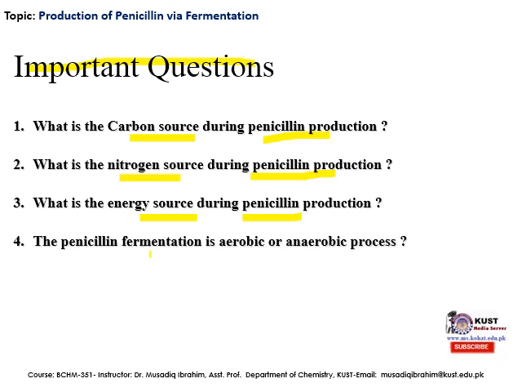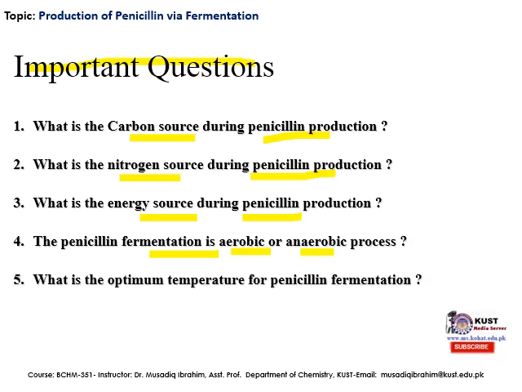Now, is the penicillin fermentation process aerobic or anaerobic? That is another question. And what is the optimum temperature for penicillin fermentation? So you need to look for the answer to this question.